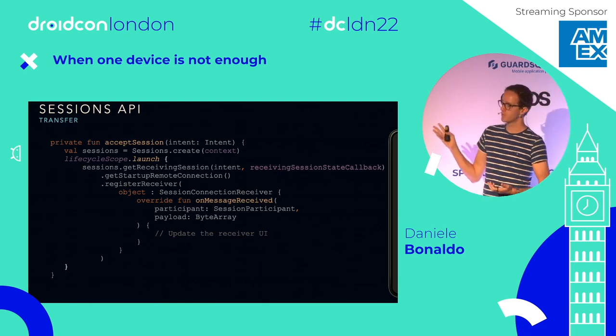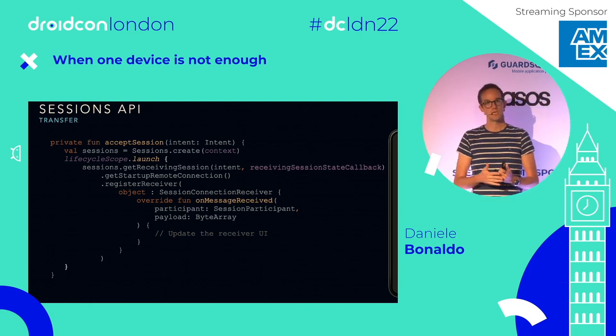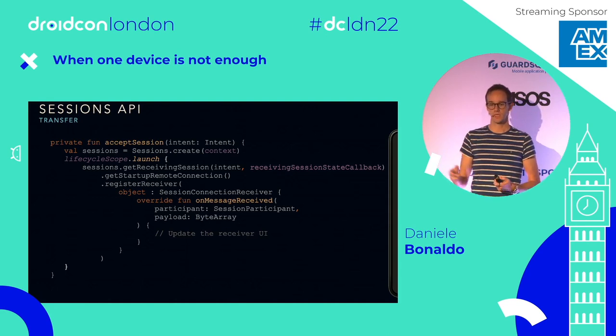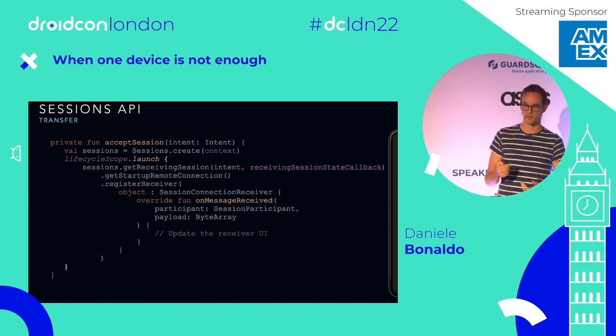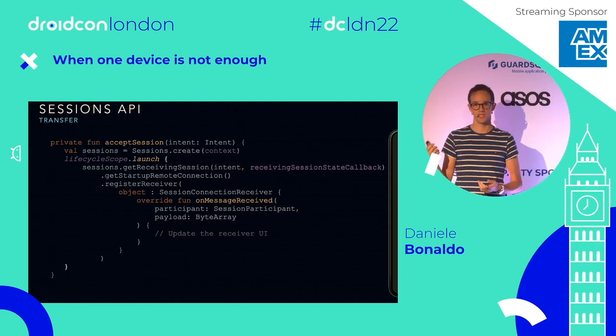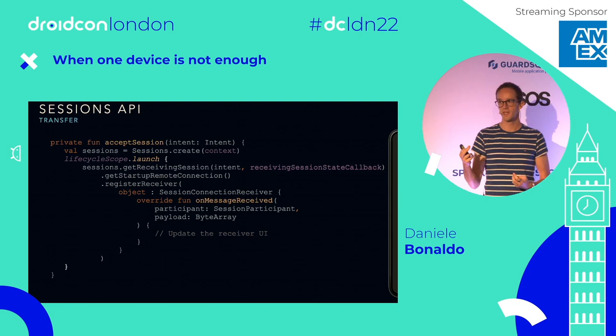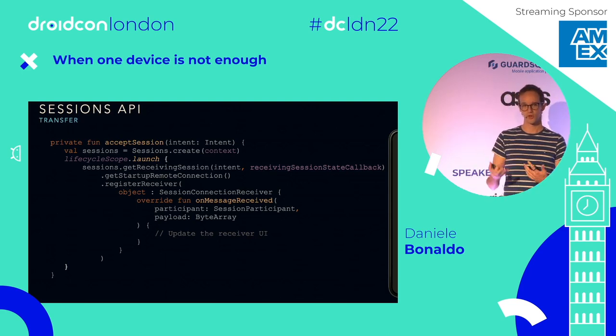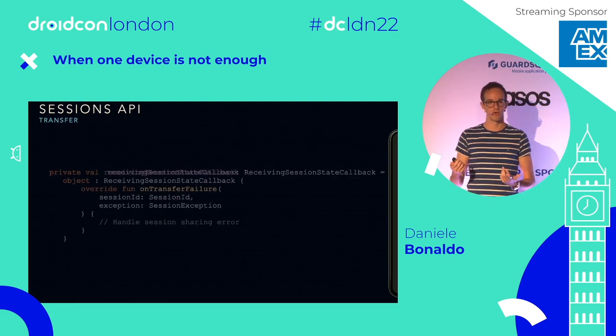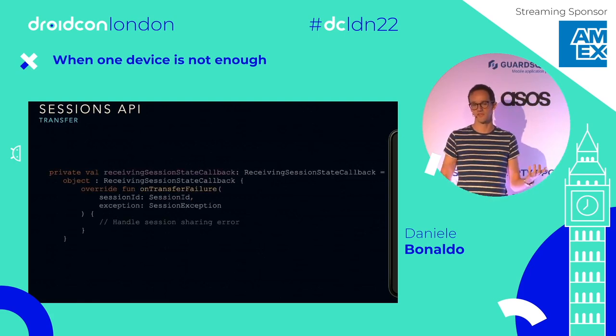This can be useful because maybe your session is big and you want to send it in multiple messages. So anyway, here you're going to have the ID of the first device. You have the actual callback, and you can restore the session given that payload. And of course, you're going to have a callback to understand when there is a failure, to notify the user.